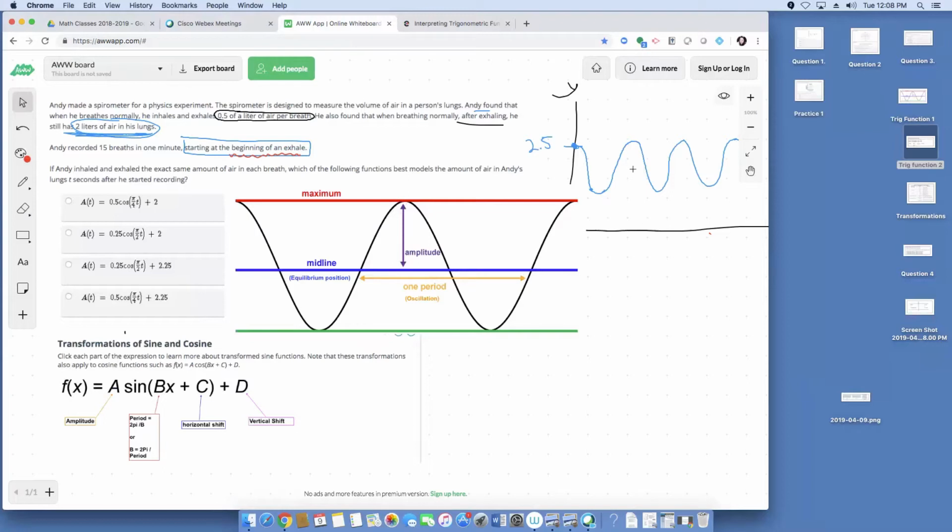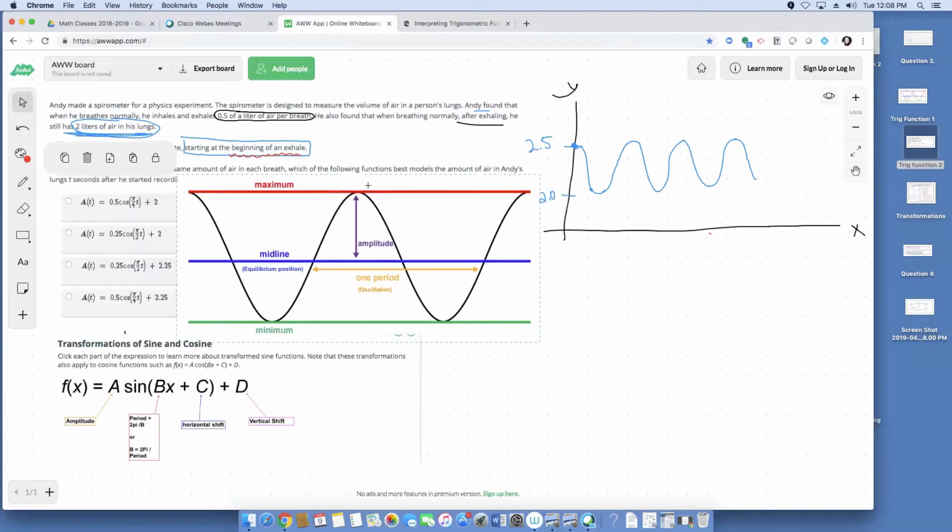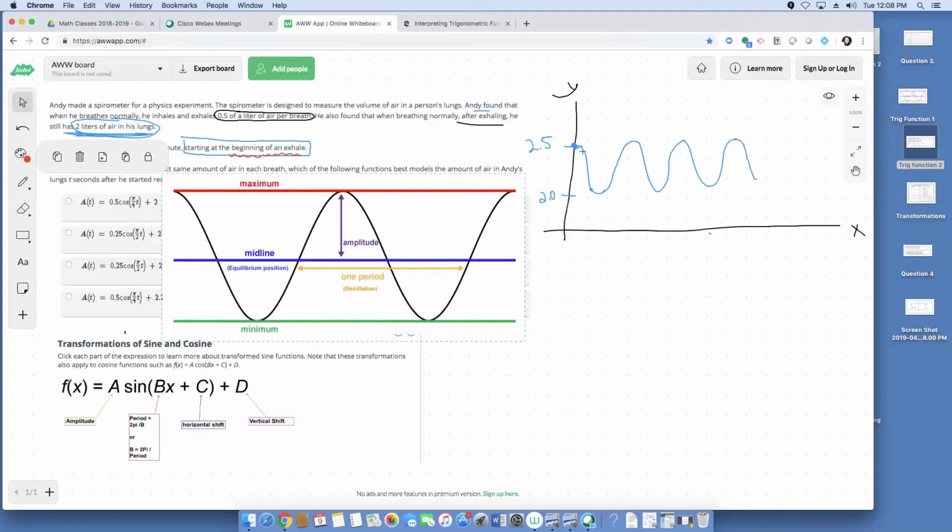So if we go back to the graph that I kind of poorly did over here, our max point is 2.5 and our minimum is 2.0. So where would our midline be in between that?